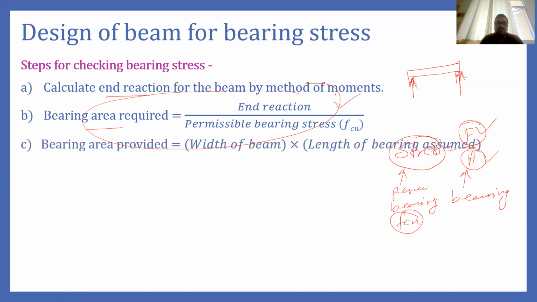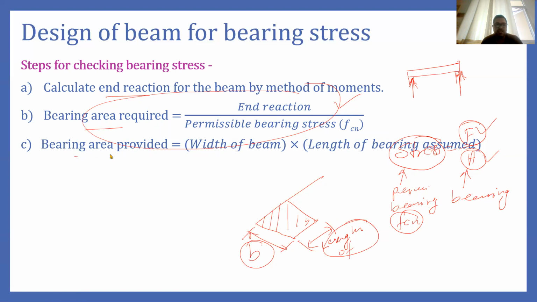And what is the area of bearing provided? As you can see in the previous slide, the area on which the beam was resting was hatched like this, and this was the length of bearing, and this was the width of the beam. So B multiplied by length of bearing is the bearing area provided: width of beam multiplied by length of bearing assumed.